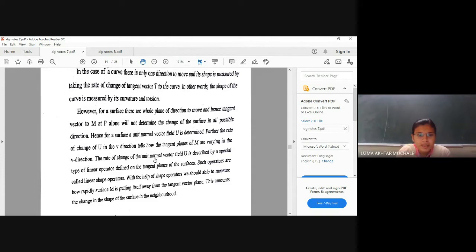That is, if instead of having a curve, we have a surface, then how to find out the normal to the surface, tangent to the surface, and what will be the shape of the surface? Suppose you are in Kashmir. Okay, there are so many hills. If you want to go to the hills, how are you going to calculate what will be the normal, what is the tangent?